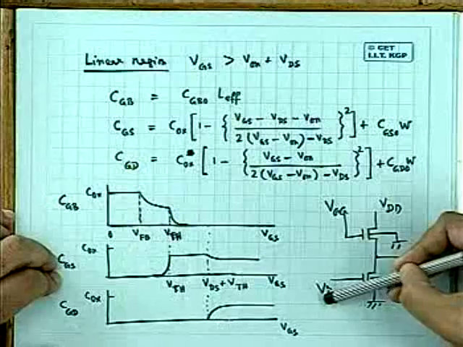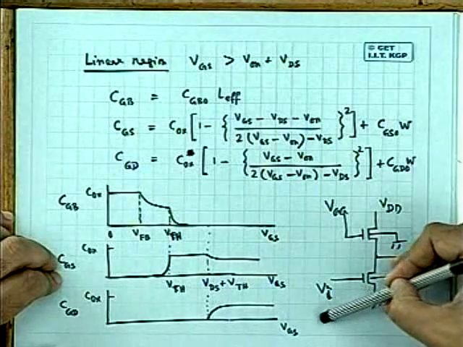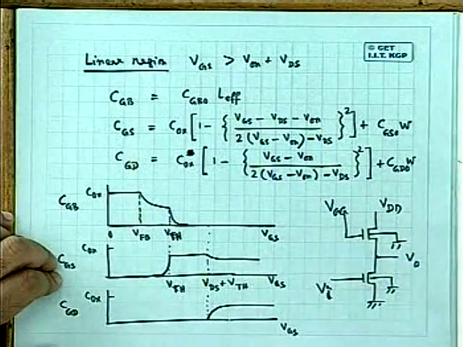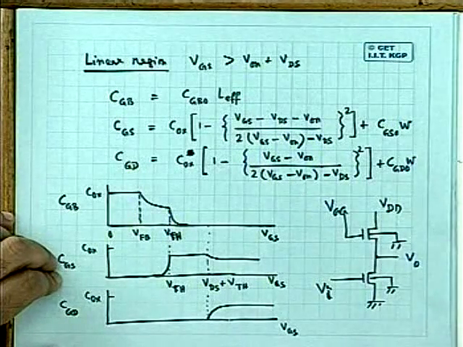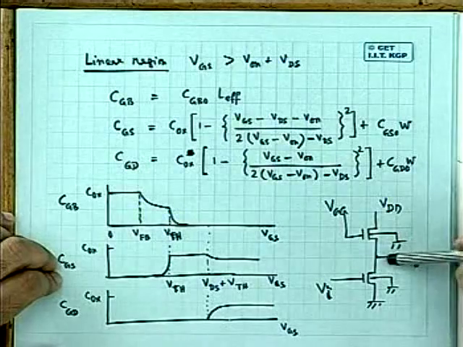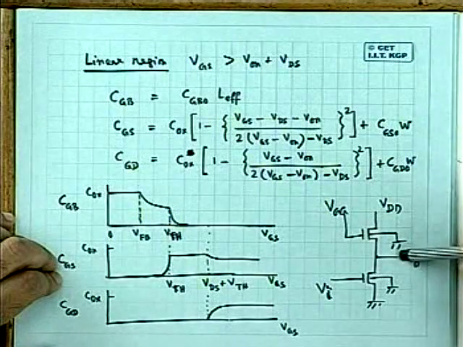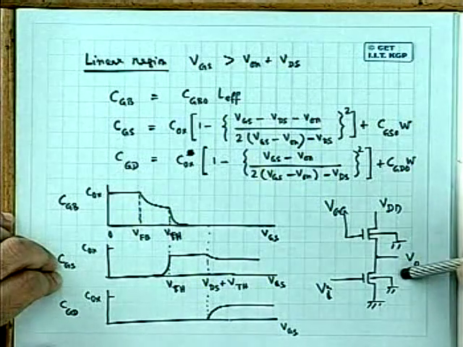Whatever current voltage equations I have derived apply. So by assuming that Vi is changing slowly from 0 to some VDD or V high, I can always calculate how VO will change with Vi.